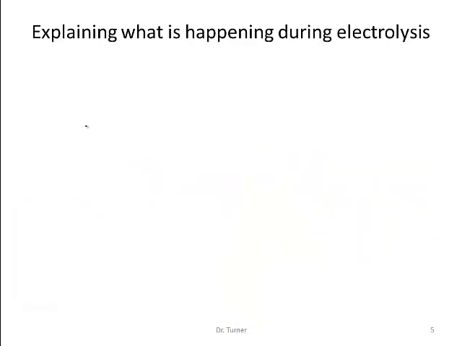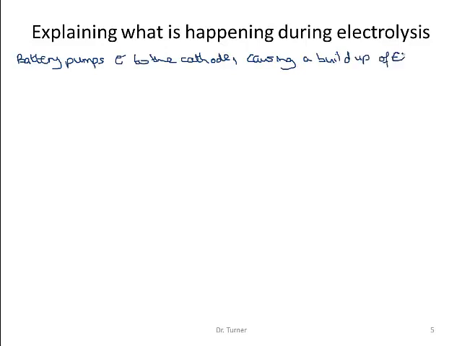So let's explain what is happening here. The battery pumps electrons to the cathode. This causes a build-up of negative charge, a build-up of electrons. So that cathode is electron rich now.